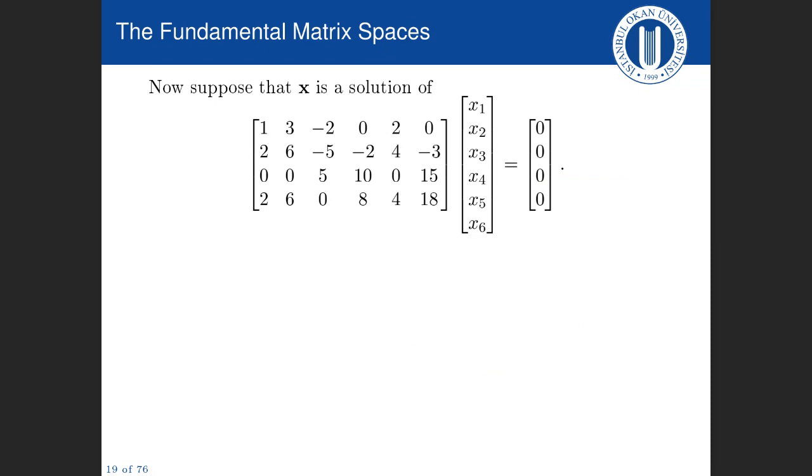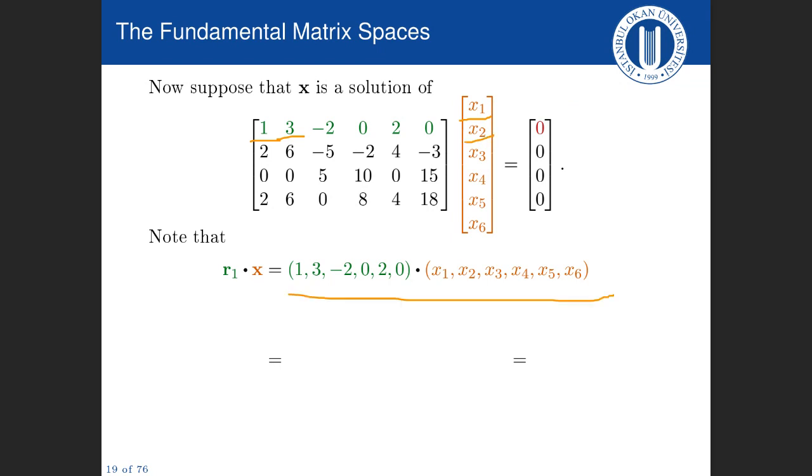Now suppose that x is a solution to this linear system. Let's look at the first zero. How do we get that? What's the first equation? The first equation is going to be 1x1 plus 3x2 and so on.